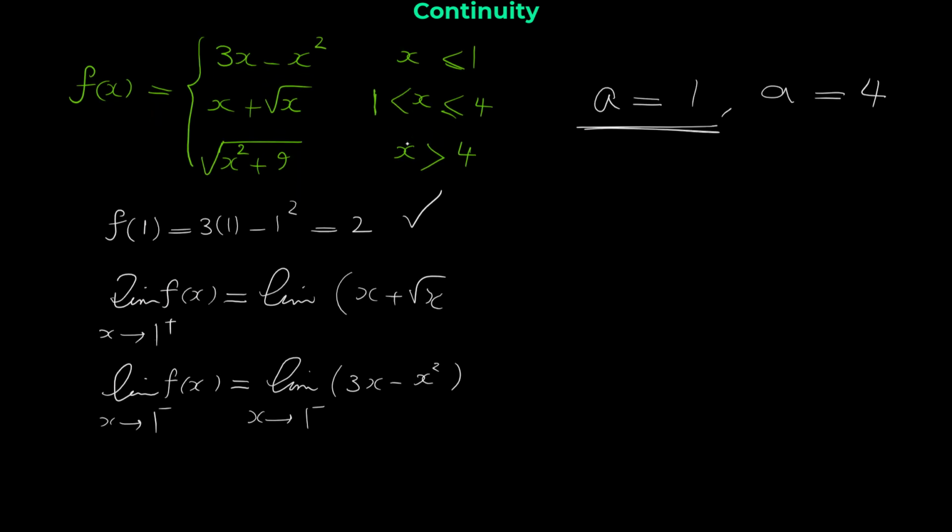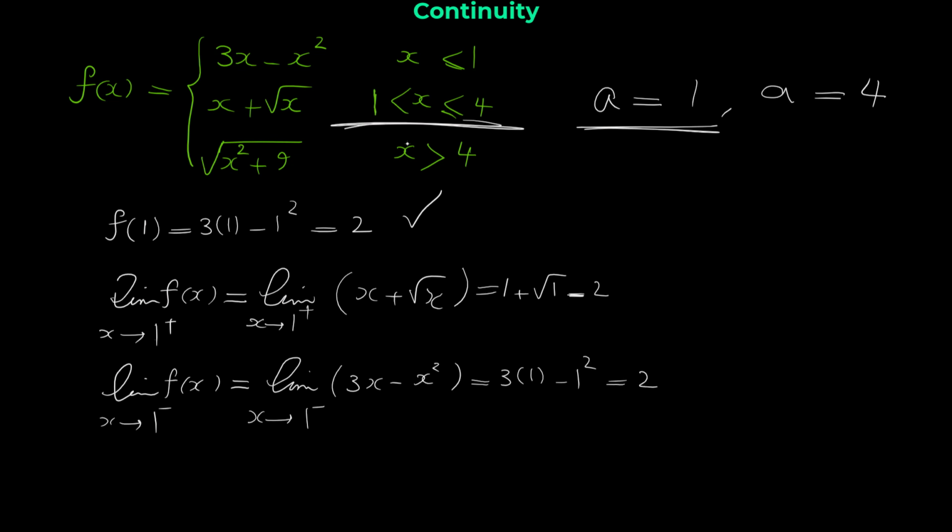Why do we use this equation for finding this limit? Because when x is greater than 1, use that equation. And you can find both of these limits simply by substituting the number 1 in each of them. The first limit would be 1 plus radical 1, which is 2, and the second limit is simply 3 times 1 minus 1 to the 2, which is 2.